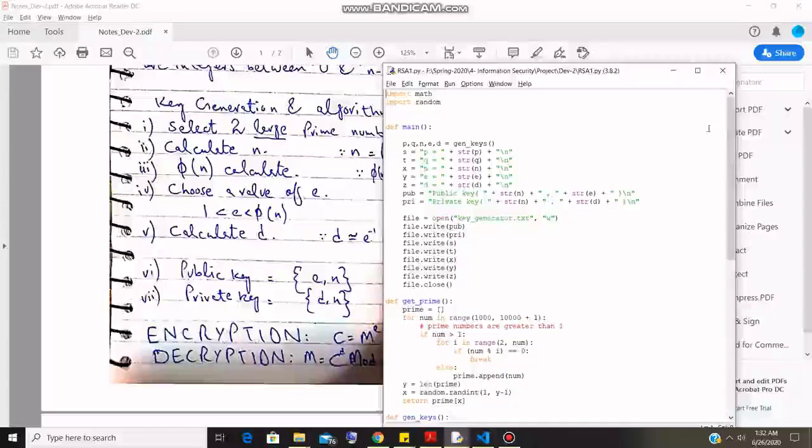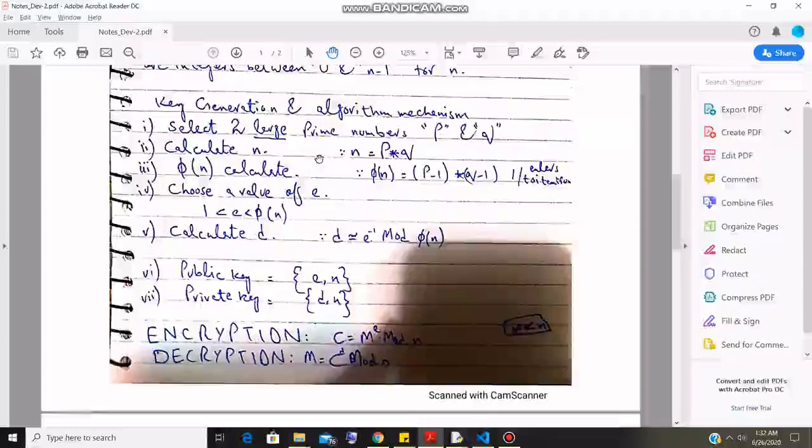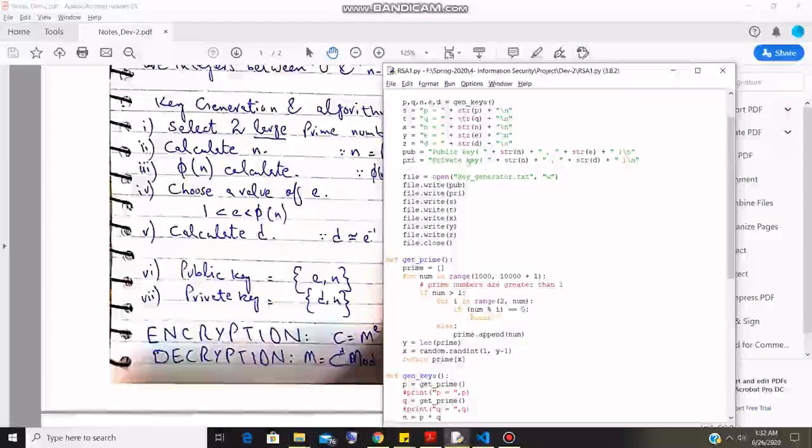Here in the RSA file, as we were supposed to select two prime numbers, we did the same thing. We have used the range of 1000 to get both prime numbers, so we have generated both prime numbers.